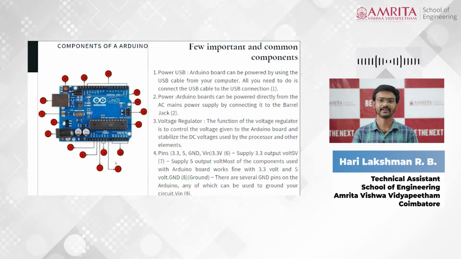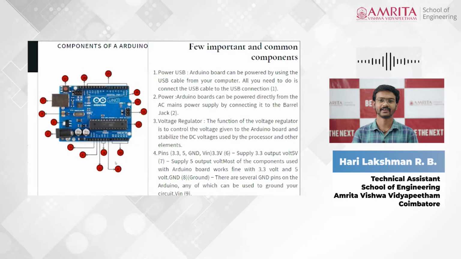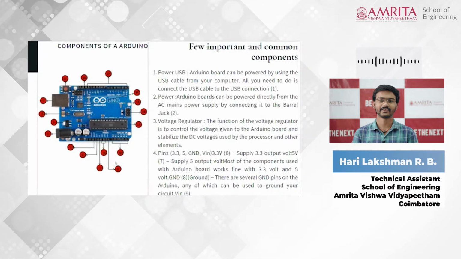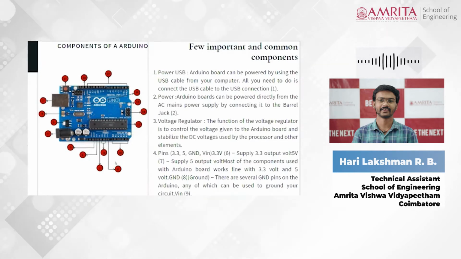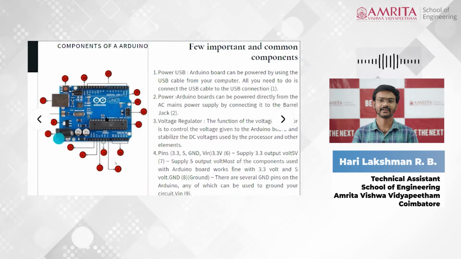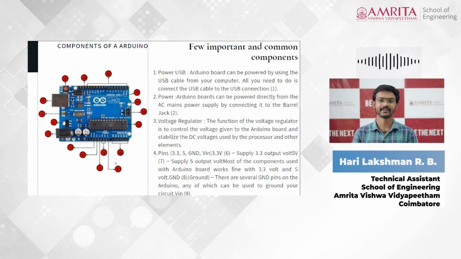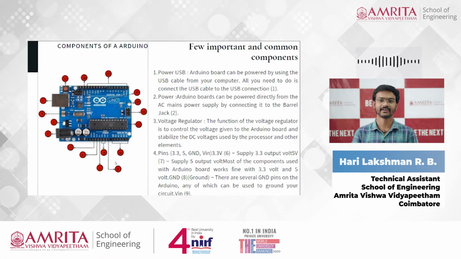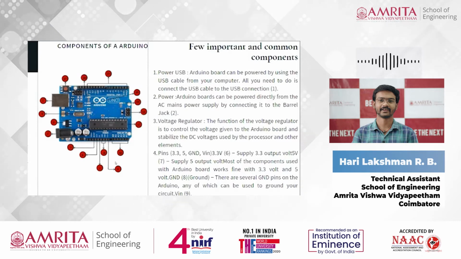And the next thing is the voltage regulator. The function of the voltage regulator is to control the voltage given to the Arduino board, and it is also used for stabilizing the DC voltages used by the processor and other elements. You could see in the image, the third one, the tiny one, that is the voltage regulator. As you could see here, this is a voltage regulator, and nothing else.